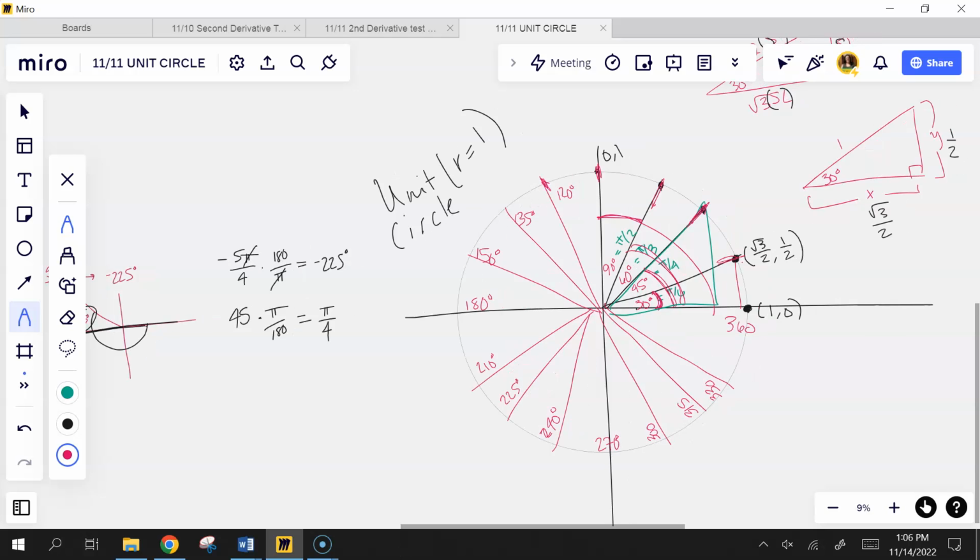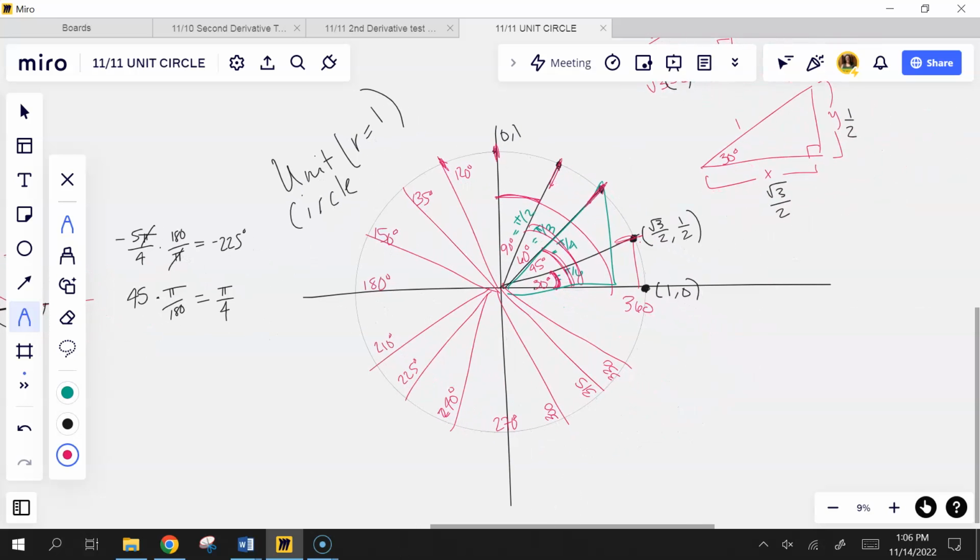All right, 120, what's the radian? 2 pi over 3. Wait, what? He got it. No, it's not. This is actually 3 pi over 4.